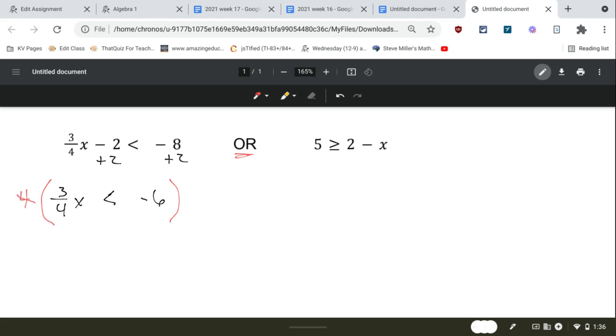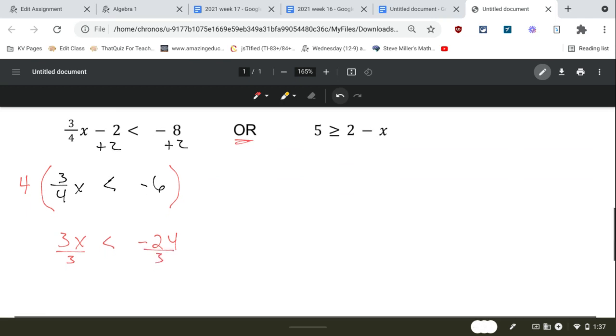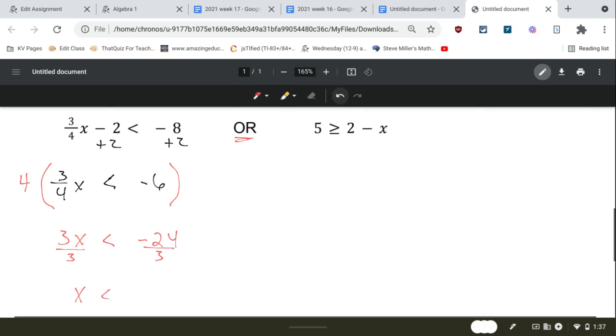So the 4s are just going to cancel each other out because you're multiplying by 4 and dividing by 4. So it's just going to leave me with a 3x on the left-hand side. And I'm not going to flip my symbol here because I didn't multiply or divide by a negative. On the right-hand side, 4 gets multiplied by the -6. So I get -24. And then you'll divide by 3 to cancel the 3. That leaves me with x is less than -8.